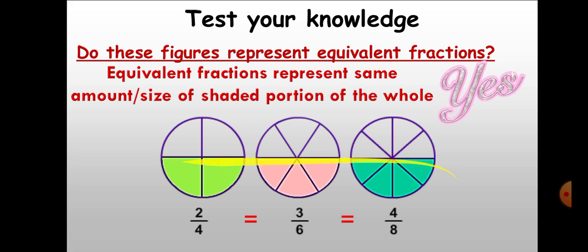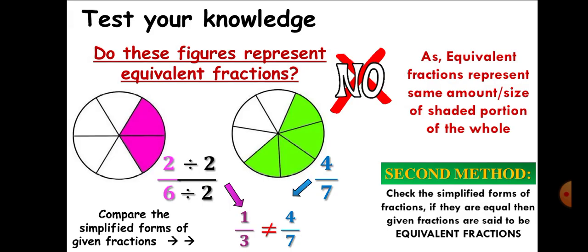No working is needed for this because the circle is showing the same pictorial representation, that these are all equal. So simply I'm going to say yes as the answer. Do these figures represent equivalent fractions?